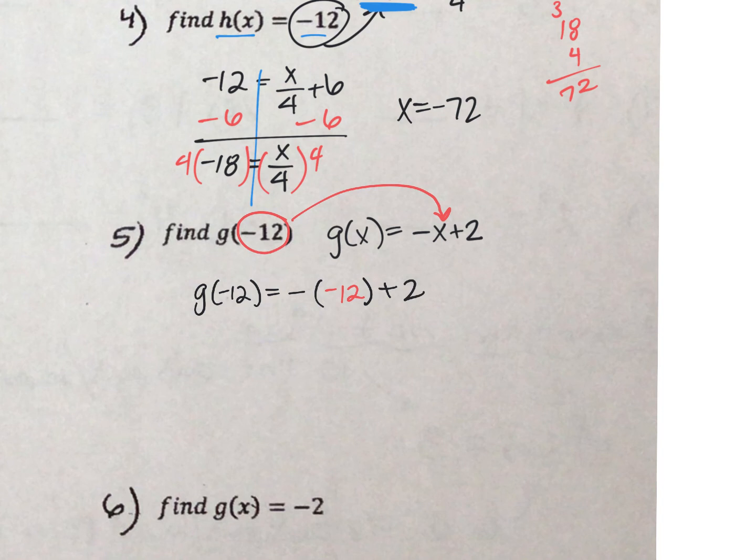There's two negatives there because I'm replacing the x with a negative number, and there's a negative in front of the x. So negative negative 12 becomes positive 12 plus 2. 12 plus 2 is equal to what? 14. The 2 was part of the original equation. The 2 is the rule for the function. Negative x plus 2 is the rule.